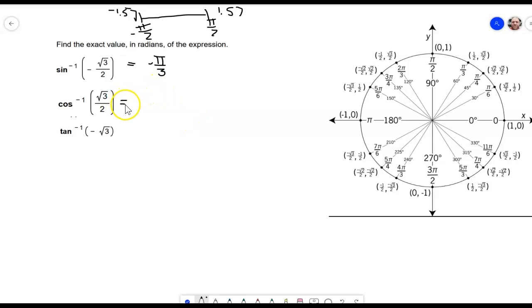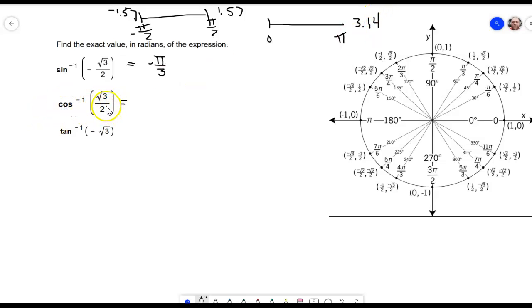So the next one, remember, cosine's a little bit better because we're looking between 0 and pi. So this one, let me write my little thing down here. So between 0 and pi, so that's really between 0 and 3.14. And this is root 3 over 2.